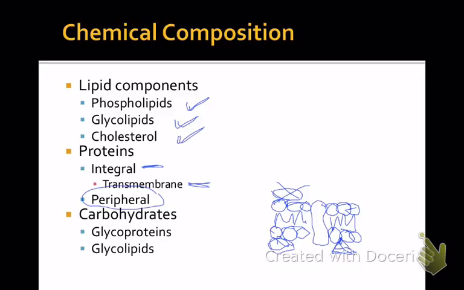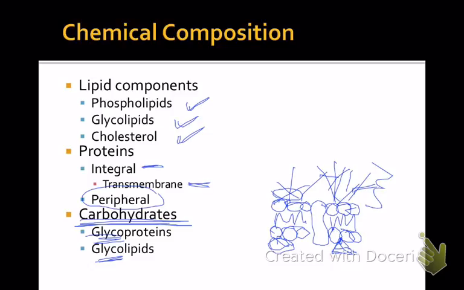And then last, our carbohydrate group. What was our word root for carbohydrates that let us know we were looking at that? We had glyco. So those glyco groups, those carb groups, can be attached to a protein or they can be attached to a lipid. So we have glycoproteins and glycolipids. Either way, those carbohydrate groups are in fact on the outside of the membrane. And there they're going to make a sort of coating on the surface of the cell.